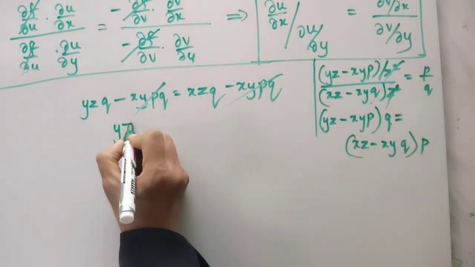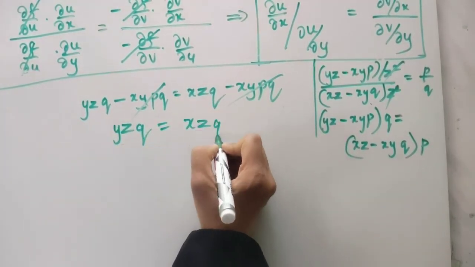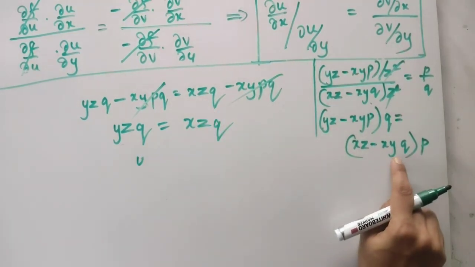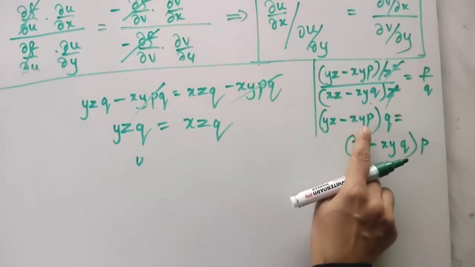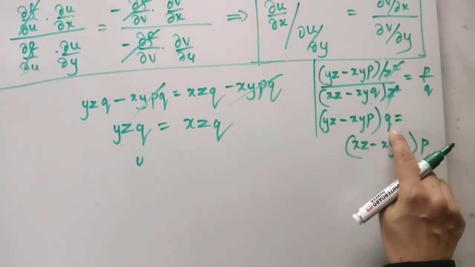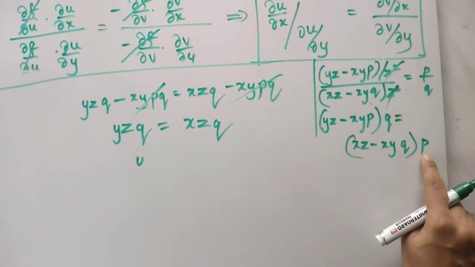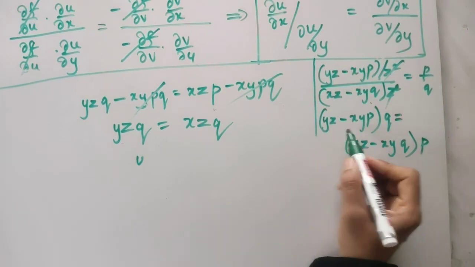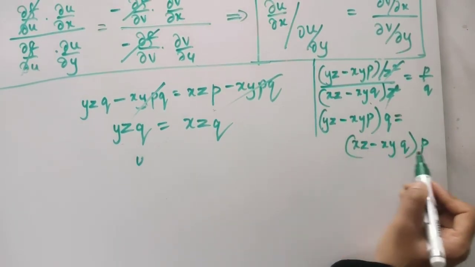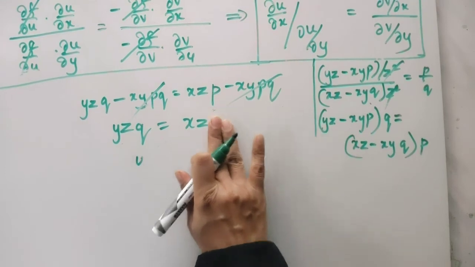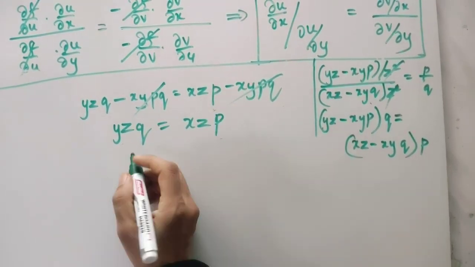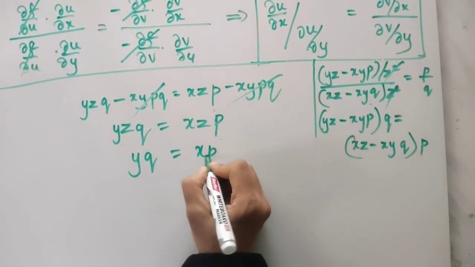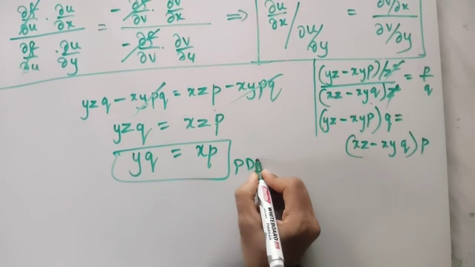Okay, so you are having yzq is equal to xzp. Here it is xz into p, please correct it. So z and z will again get cancelled, yq is equal to xp. So this is the required PDE.